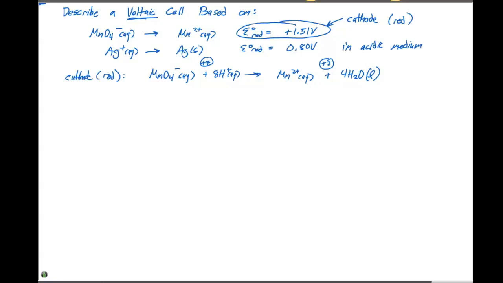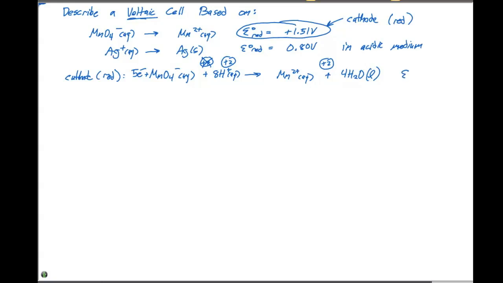In this case, we have a +7 charge for the reactants, a +2 for the products. So in order to balance out these charges, we need 5 electrons over here on the left-hand side. By adding 5 electrons here, that's 5 negative charges, so instead of +7, this is going to go down to +2, and we have an equal charge for the reactants and products.